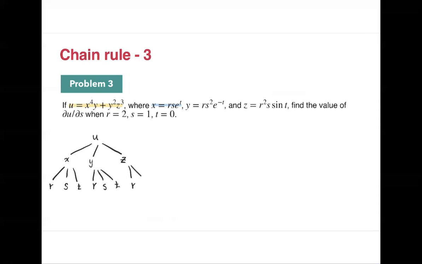Z is a function of r, s, and t. Okay, so you can see that this function u has variables r, s, and t. So there are three types of differentiation: du dr, du ds, or du dt. Okay. But in this problem, we want to find du ds. So we want to focus on u and s.